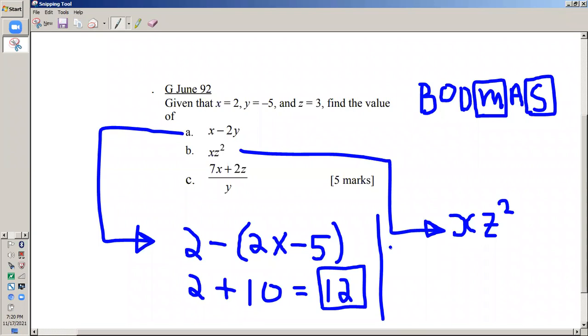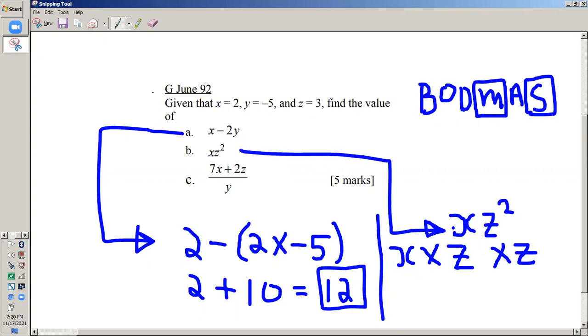It means X times Z times Z. That's what it means.